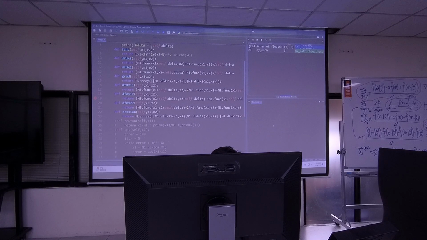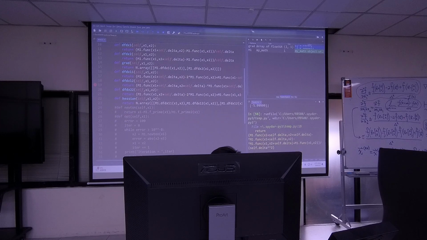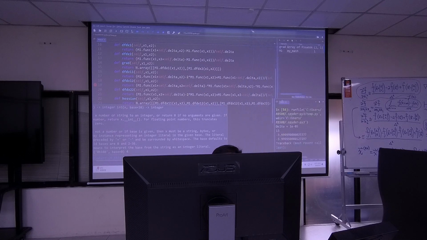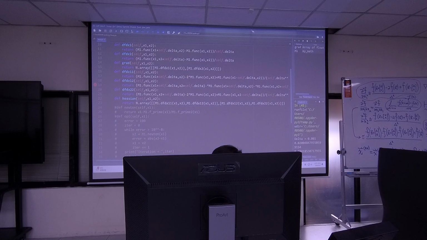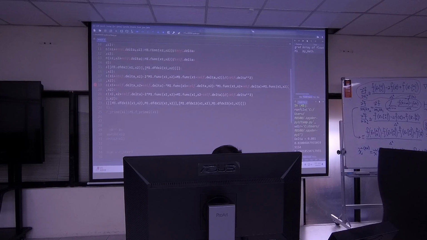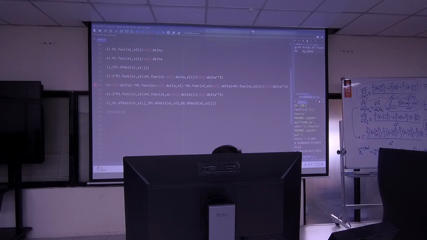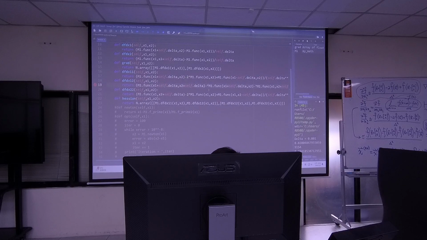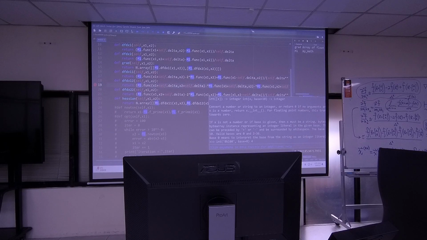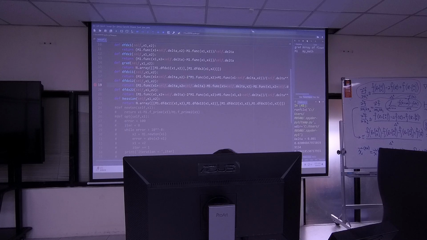This is a D. This is a gradient after the gradient, and then return right here. Let's see what the problem is. I saw the problem. I should not have this multiply sign here.